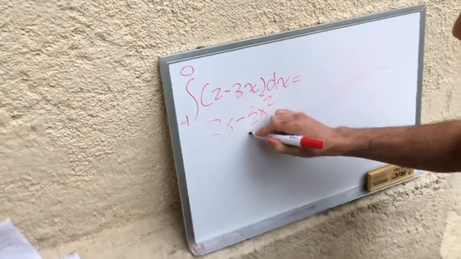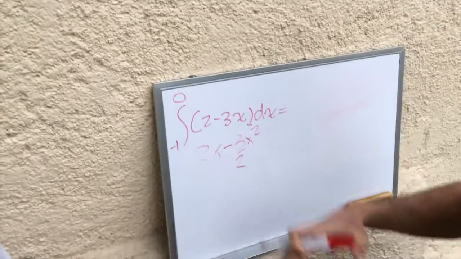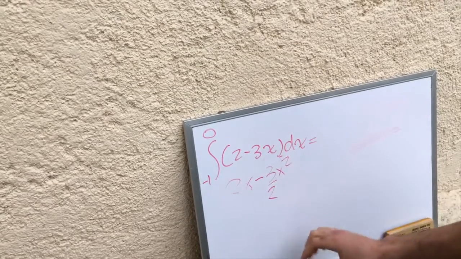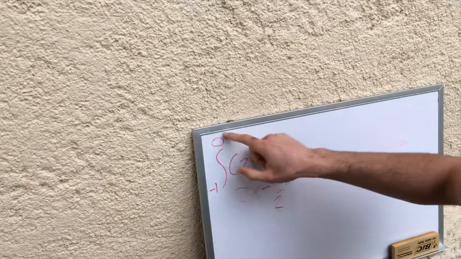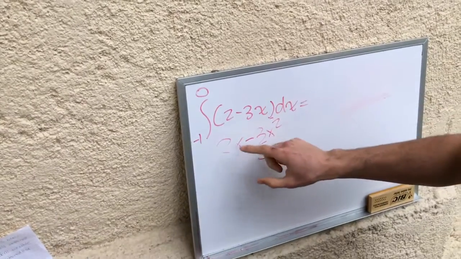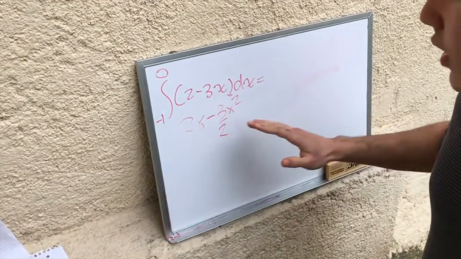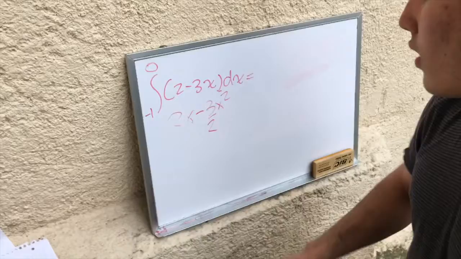So it will become 2x minus 3 over 2x squared.